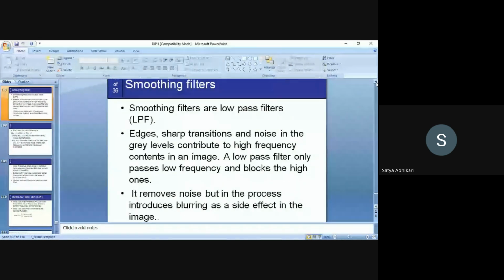If it blocks the high ones, it removes noise, but in the process introduces blurring as a side effect of the image, because all the high frequencies are blocked. That is a drawback. So the smoothing process is blur.